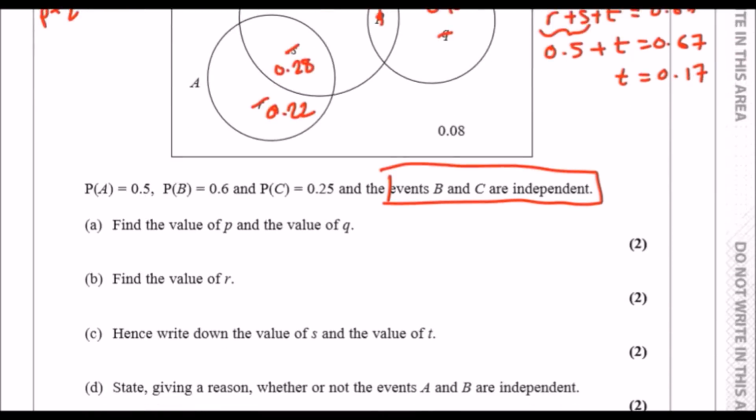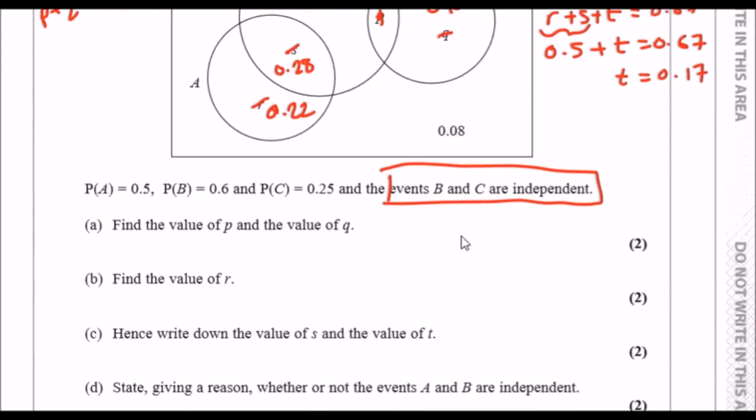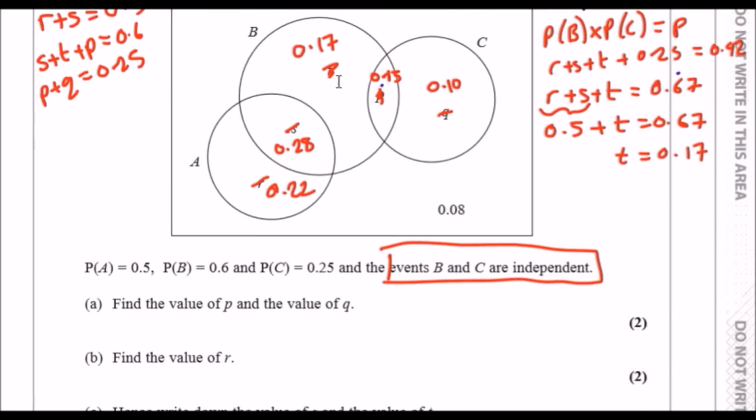Now, D is an interesting one. It says state, giving a reason, whether or not the events A and B are independent. Just like the definition for B and C, we need to check if the probability of A times the probability of B will give us 0.28, the intersection point between them.